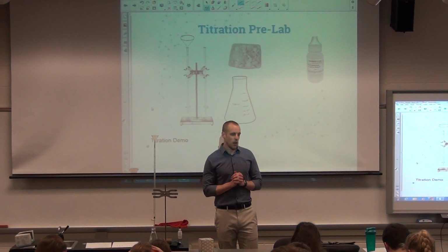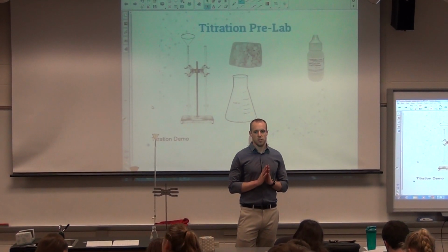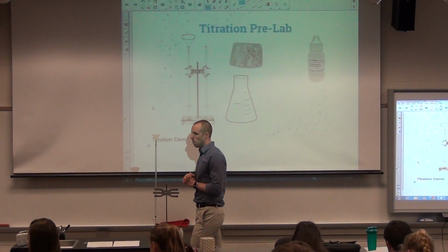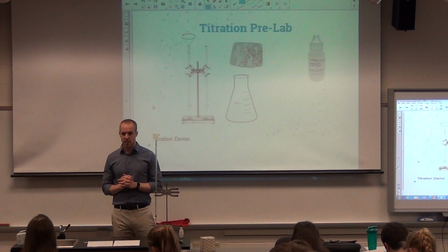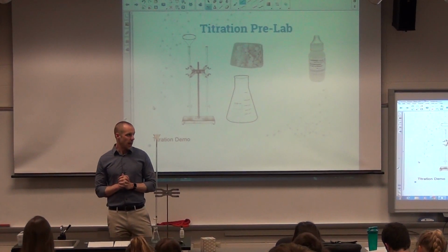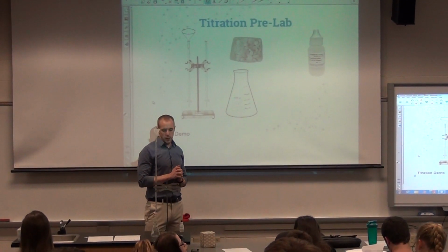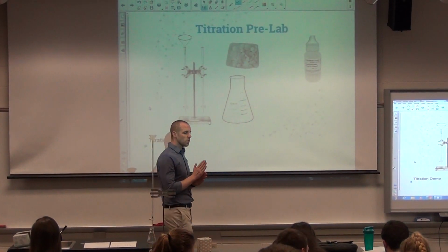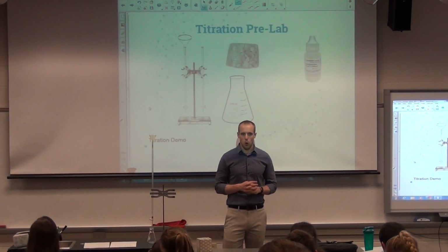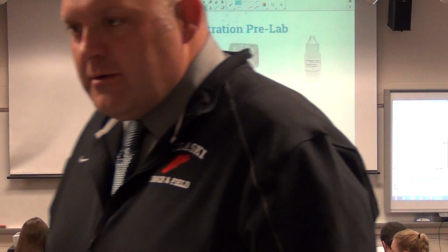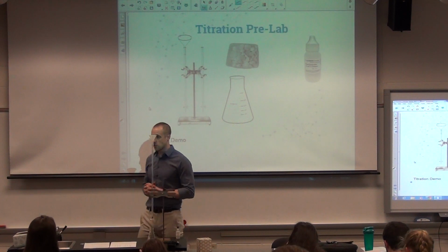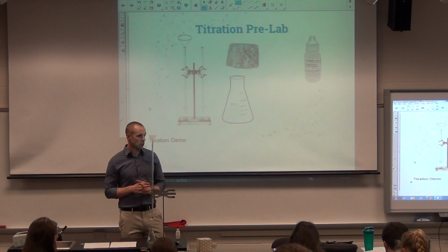Okay, we are going to be using a known concentration of sodium hydroxide. So we're going to be using 0.1 molar sodium hydroxide. Okay, and we are going to be using an unknown concentration of hydrochloric acid. The whole goal for the lab is to do the titration and find the unknown concentration of our hydrochloric acid.